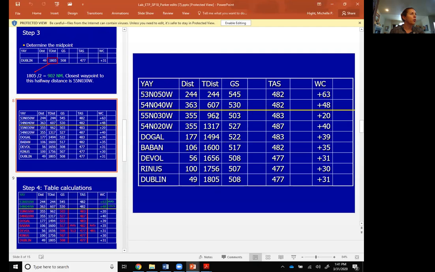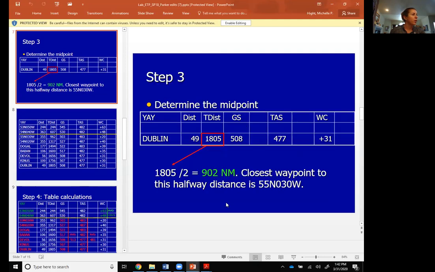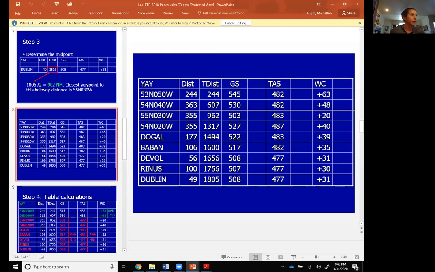I'm actually trying to locate my ETP for real between 607 and 962, because 902 is maybe the midpoint mileage, but it's not our real ETP because we do have wind on this particular day. So this is where I do explain this several times, and I do understand how this can get confusing. Think of yourself plotting this.